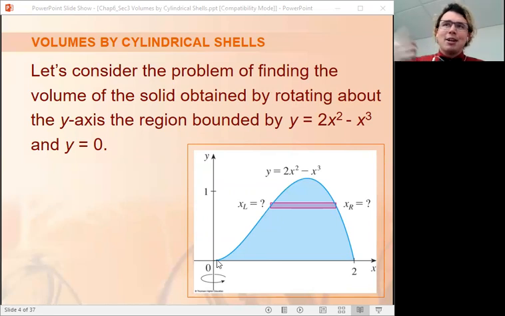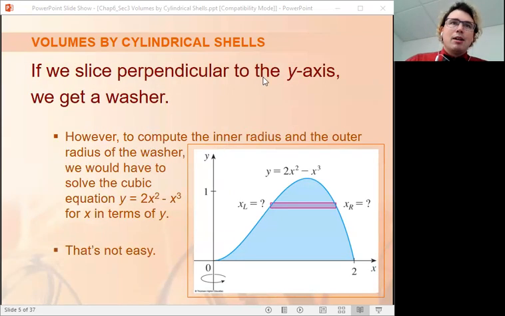Imagine sending this thing around on a pottery wheel and seeing what kind of a volume you would get. So that's a very intuitive idea, and a lot of shapes can be built up in that way, putting some flat region on a pottery wheel and spinning it around, see what you get.